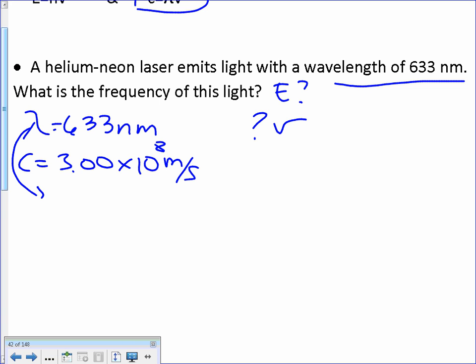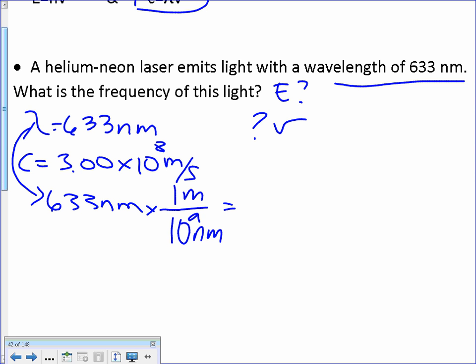Right, I've got to change those nanometers. I don't see nanometers in the speed of light, so I have to change. What is our conversion again? What goes on top? 1 meter and 10 to the 9th nano, 9. Don't forget that. And that's going to allow you to convert to meters.